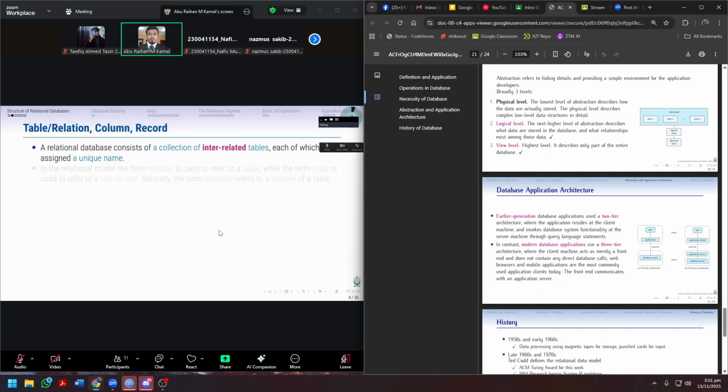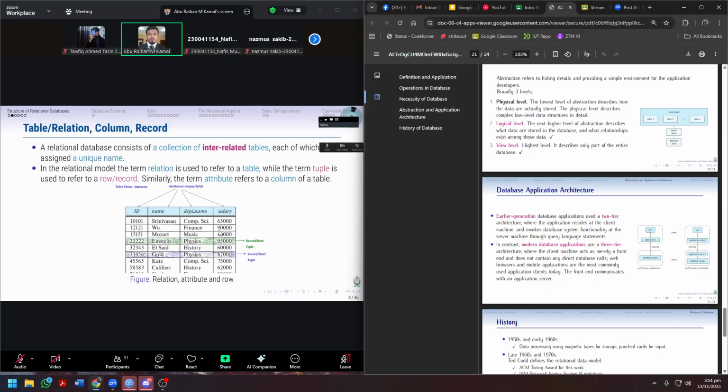Now, a few things here. We have a table. What is a table? A relational database consists of a collection of interrelated tables. A table is a structure. You can think of a table as nothing but the structure of your data. What are the things you want to find out?